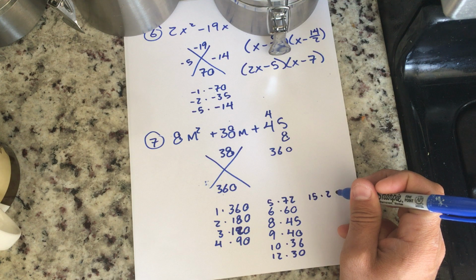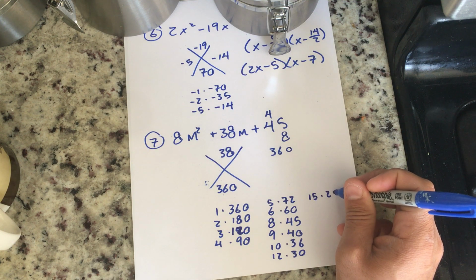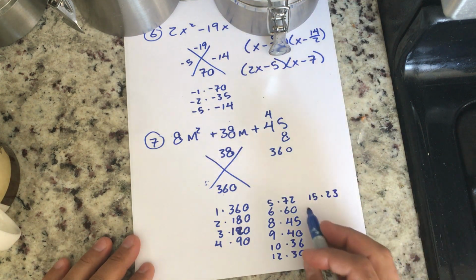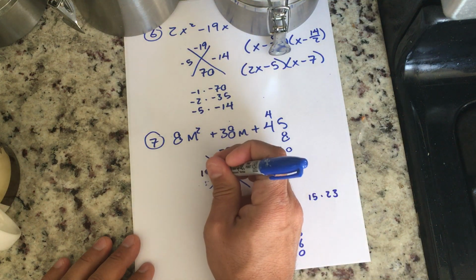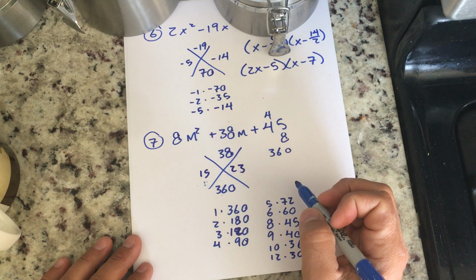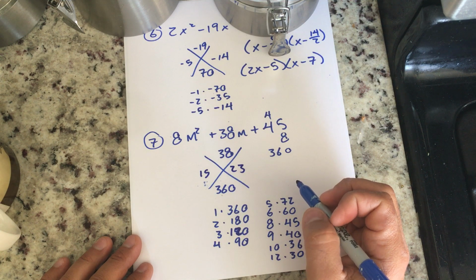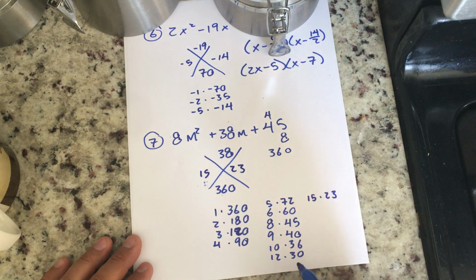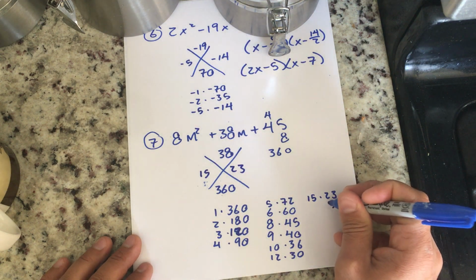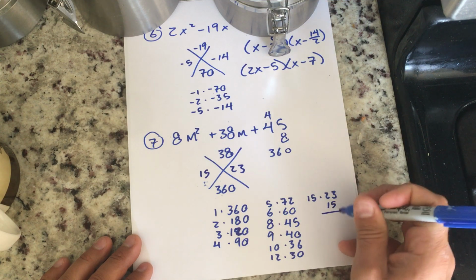30, 60 goes in 3 times, 23. And that is going to do it, because that's going to add together to 38. So 15 and 23. That can't be right. Is that right? 2, 3 is 5.